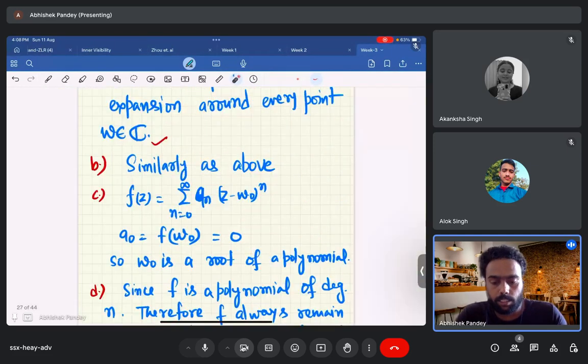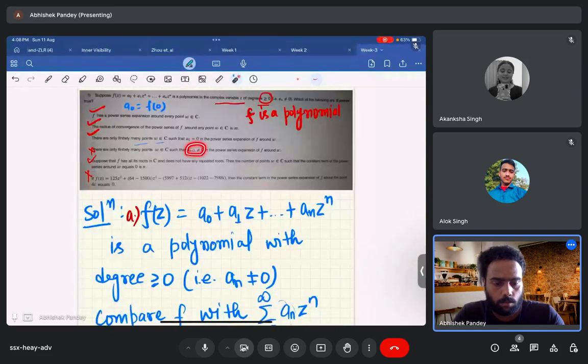Whether this statement is clear, I think some problem is there in this statement, because f is again going to be a polynomial of degree n.